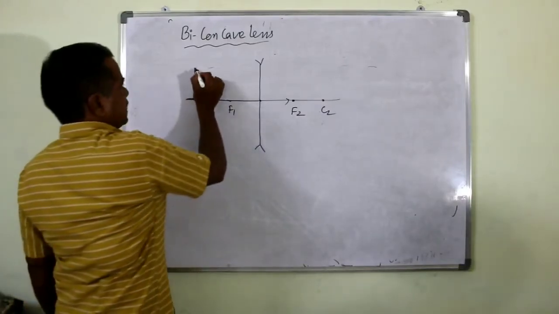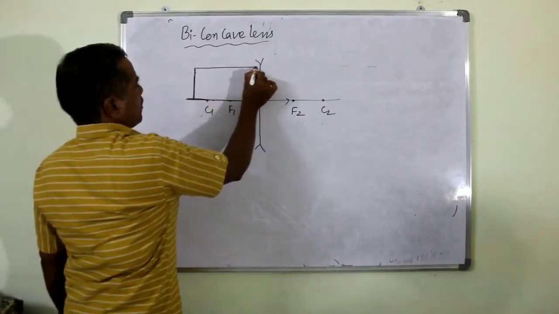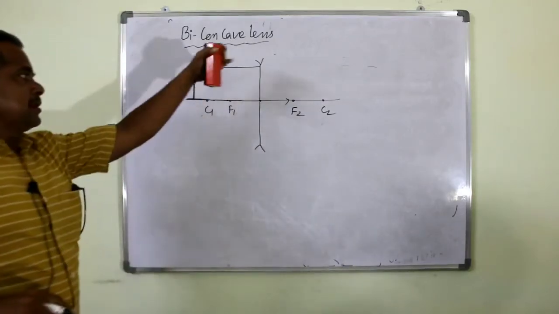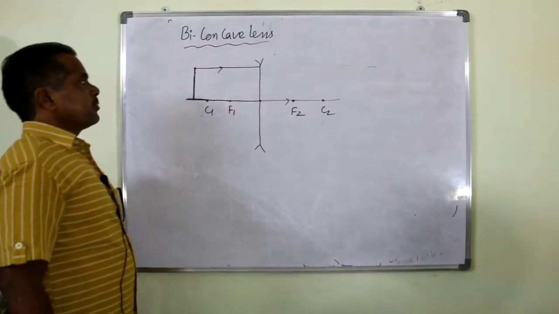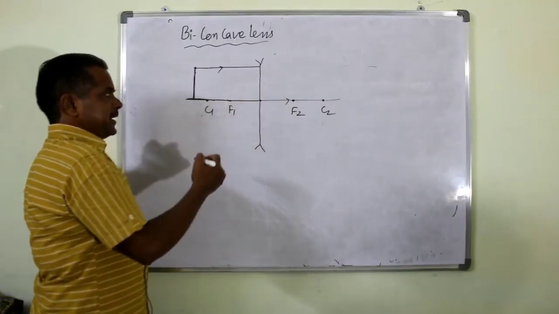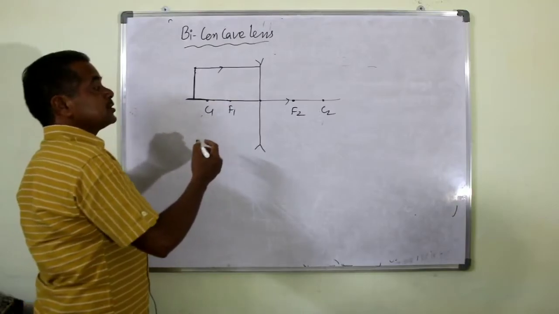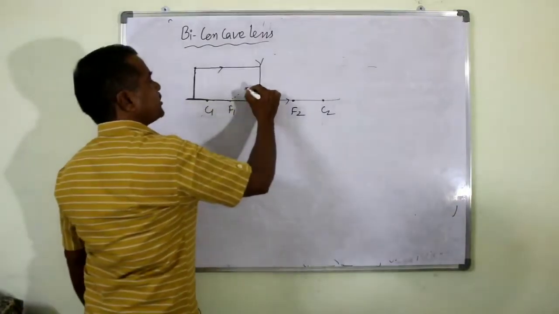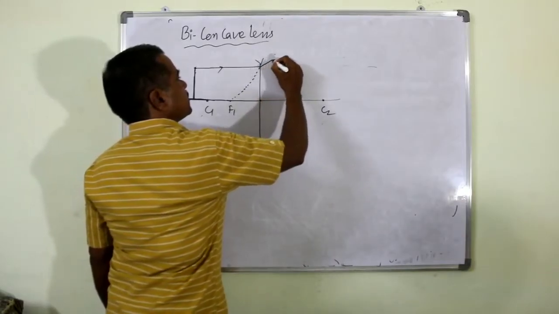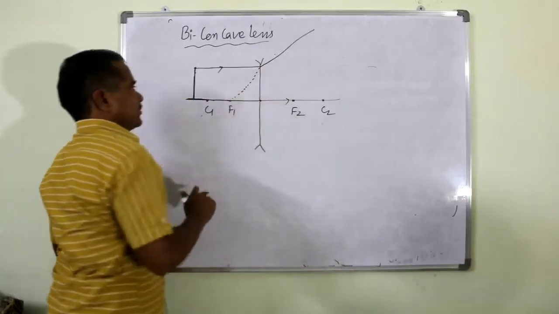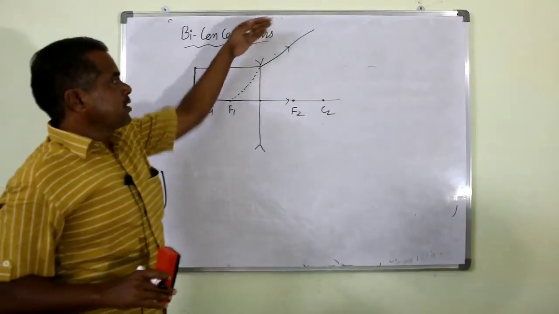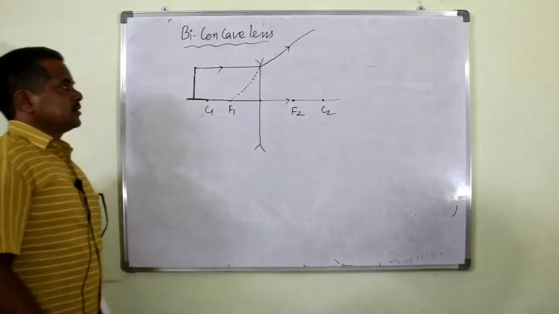Also take one more light ray which passes from the top of the object and travels parallel to the principal axis. What happens? The corresponding refracted ray seems to be passing through the focus point. Because it is biconcave, it moves like this.